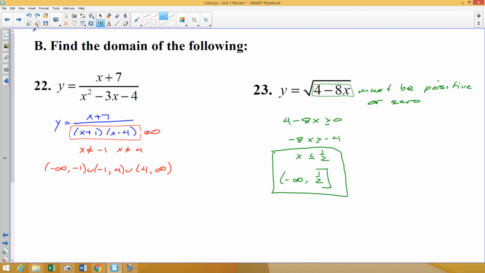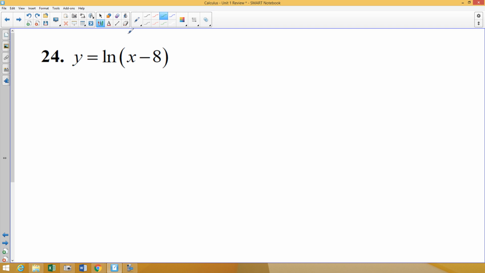Alright. And the last one, 24. Natural logs, or any log, doesn't matter what the base is, are very similar to a square root, except, unlike a square root, you cannot take the natural log or any log of 0.